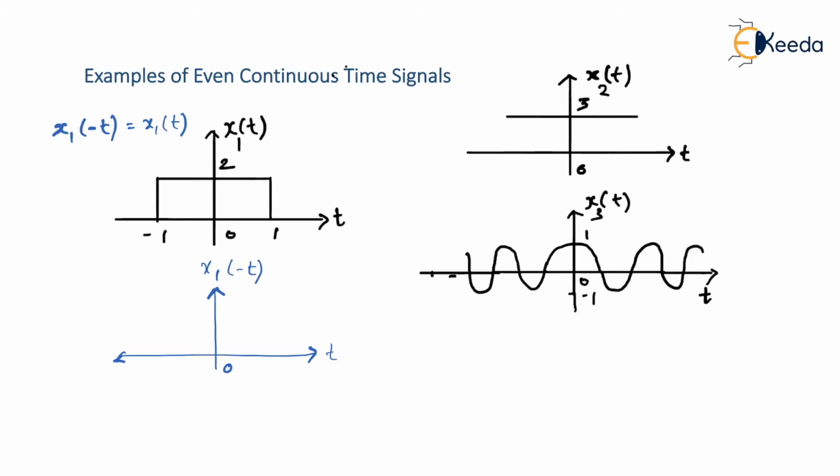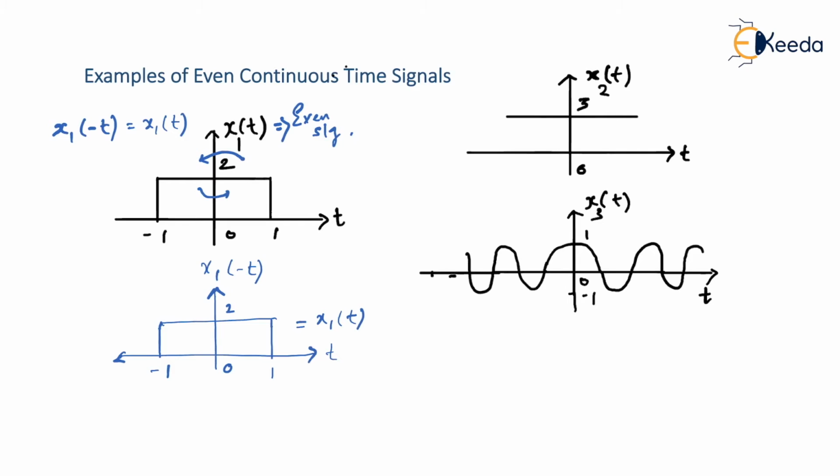In time reversal, whatever is present at the right hand side we plot to the left hand side, and whatever is at the left hand side we plot to the right hand side. Since the lower limit and upper limit are the same and the amplitudes on both sides are exactly the same, I get the same characteristic for x1 of minus t. So ultimately I get a new signal x1 of minus t, which is equal to x1 of t only. Therefore, I can claim that x1 of t is an even signal. So this is an even signal for sure.